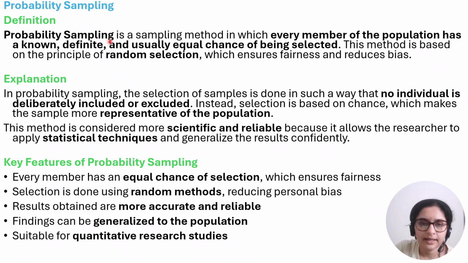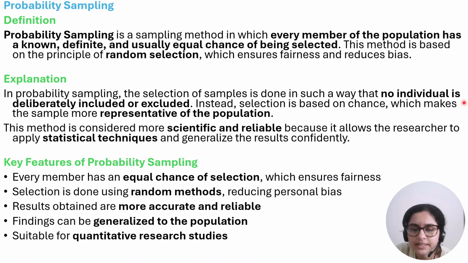Probability sampling. This is a sampling method in which every member of the population has a known, definite, and equal chance of being selected. This method is based on the principle of random selection, which ensures fairness and reduces bias.